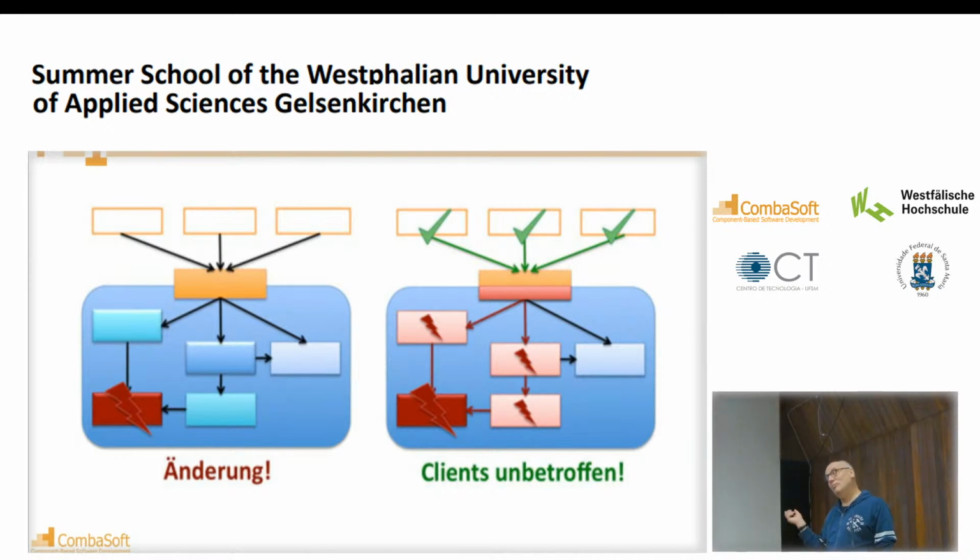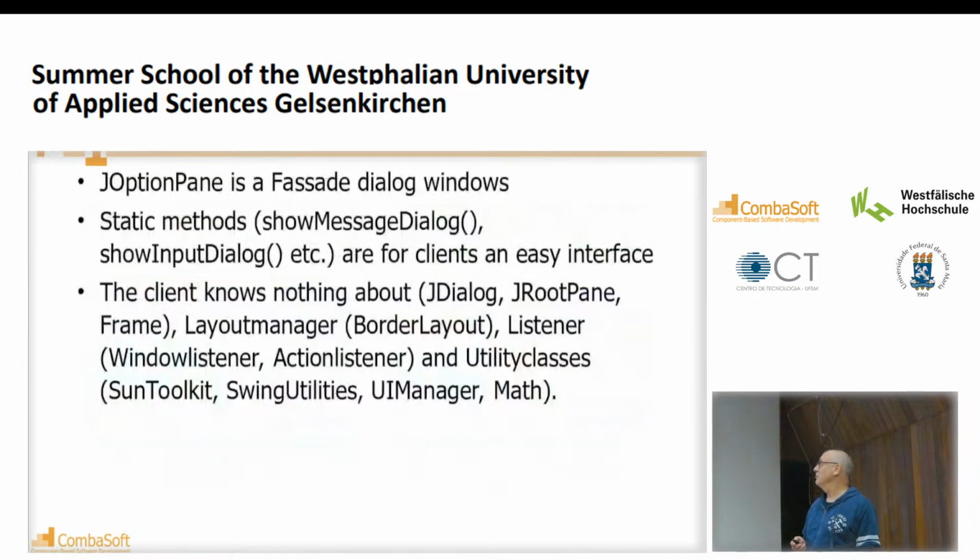And sometimes, yes, they have to modify the interaction with the facade. But it's not as difficult as if they have no facade and have to look at every place in the system. Okay, that was an example.